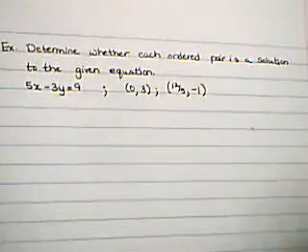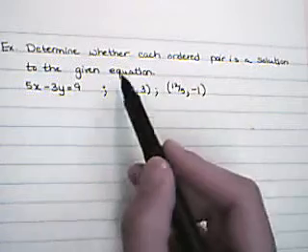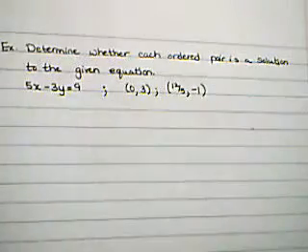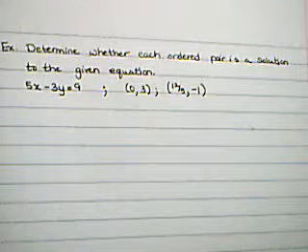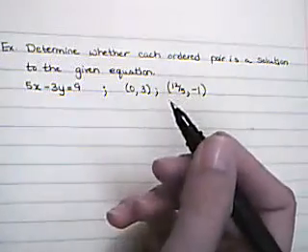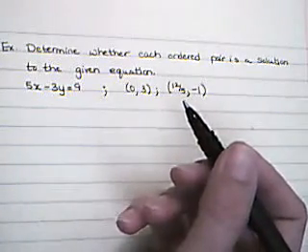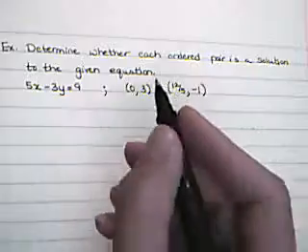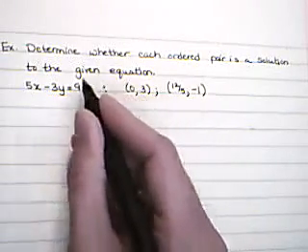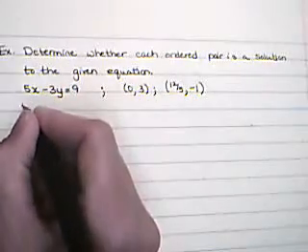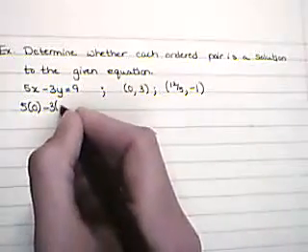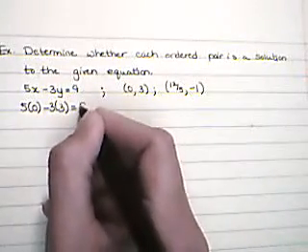If we wanted to determine if an ordered pair is a solution to a given equation, we don't necessarily have to graph it because some numbers are difficult to see, especially fractions, as far as graphing those are concerned. So when we want to check if it's a solution or not, we can use our substitution method to find out if it is a true statement or not. So for instance, if I wanted to test (0, 3), I would just plug in 0 for my x value, so where my x is, I would put a set of parentheses, and then for y, I would substitute in a 3, and then I finish writing the equation.